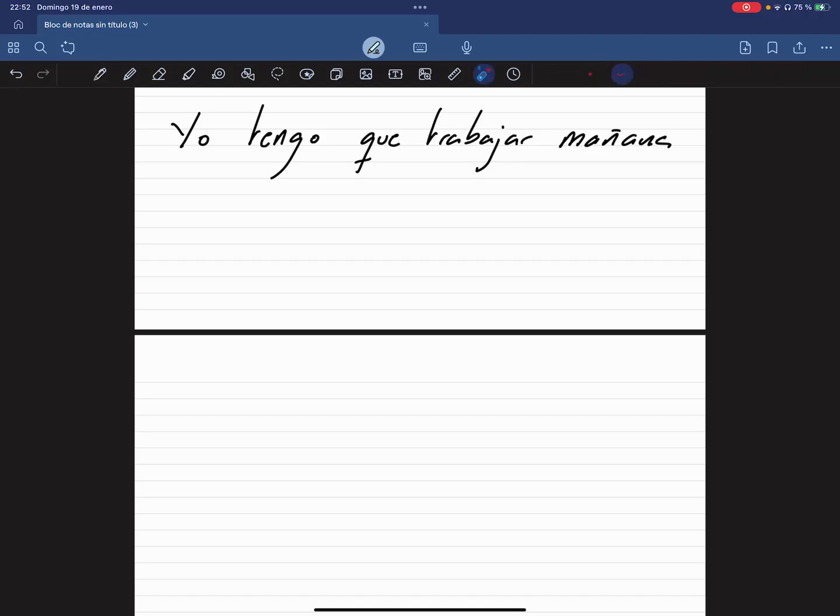What I said is yo tengo que trabajar mañana. And I'm using tener que plus another verb. That means to have to do something. So it means I have to work tomorrow, which is true.